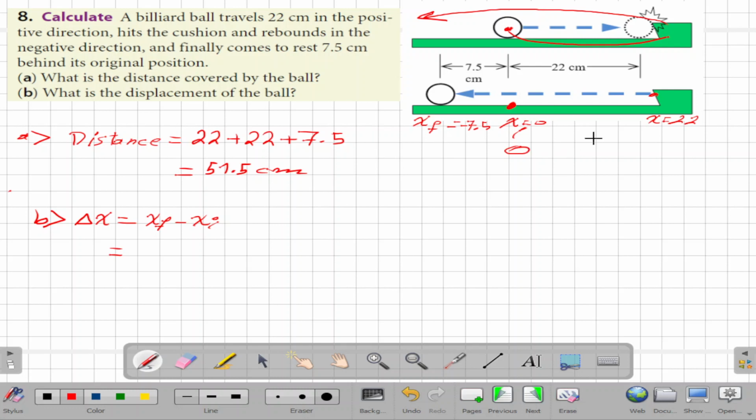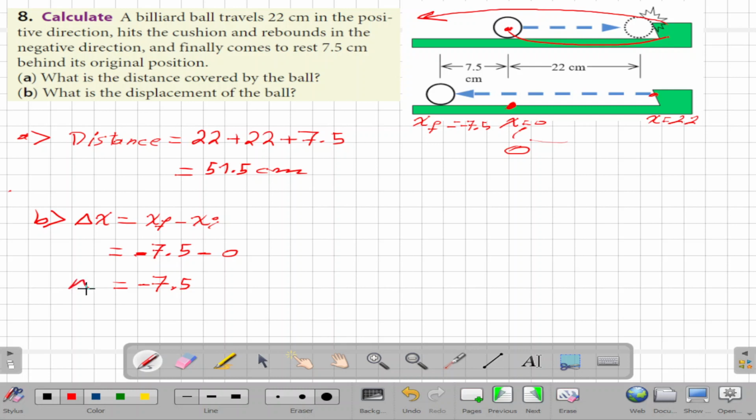The final position is negative since we chose this point as the origin, and the ball is on the left hand side of this origin. So we write minus 7.5 minus the initial position at the starting point, which is 0. So we get the answer minus 7.5.